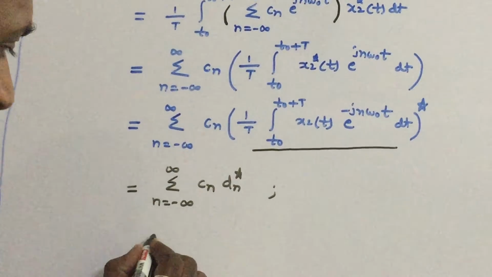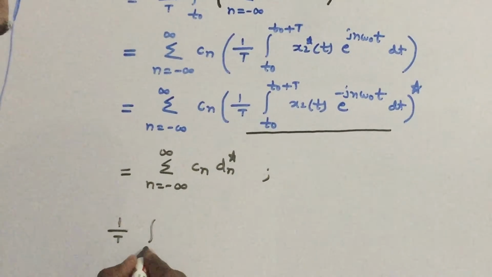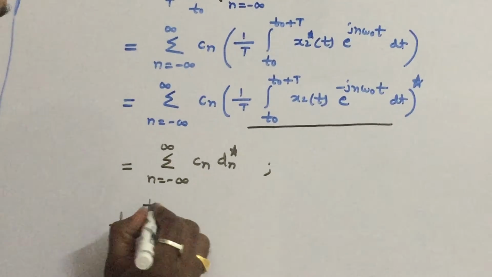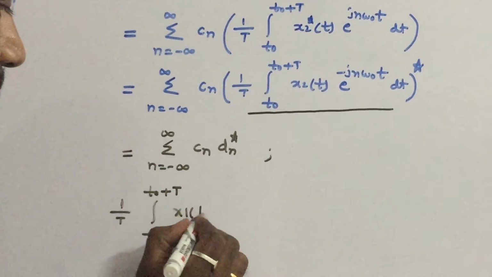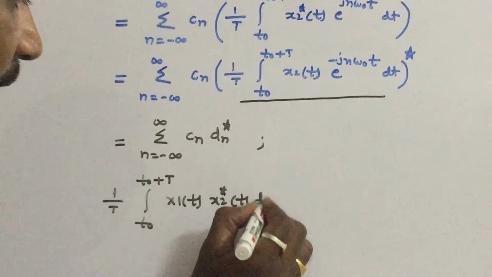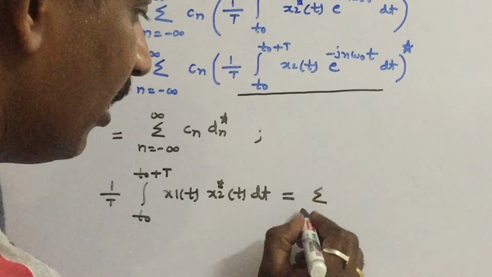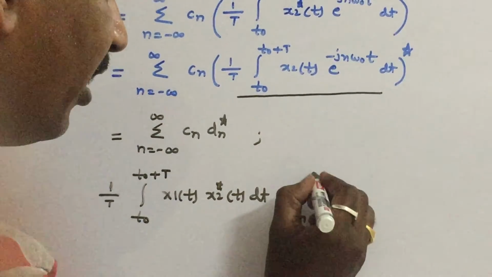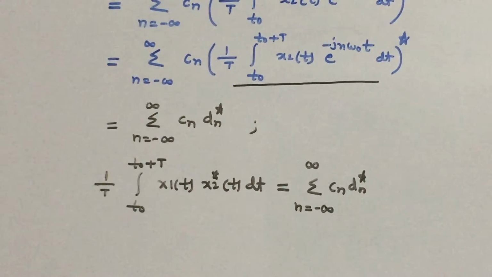Therefore I write it again: 1 by T integral t0 to t0 plus T x1 of t x2 star of t dt. What is the answer for this? Summation n equals minus infinity to infinity Cn into dn star.